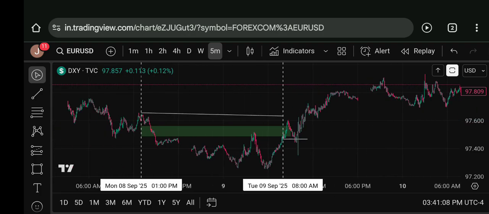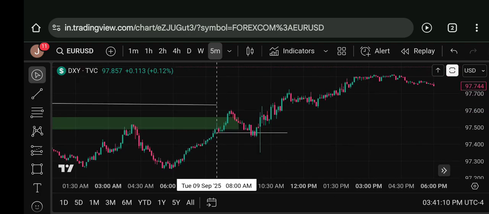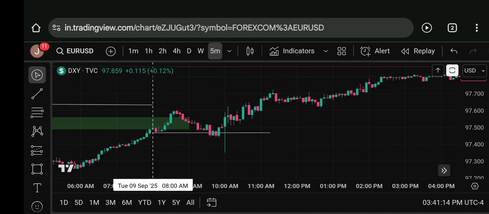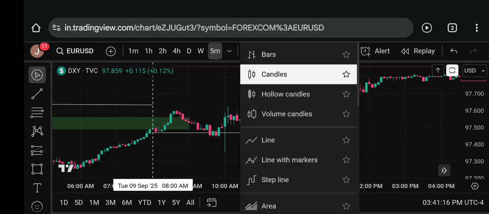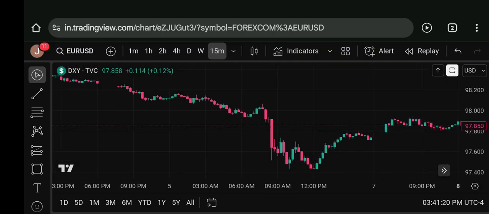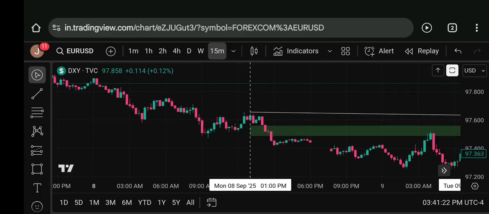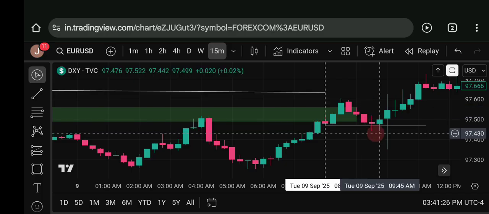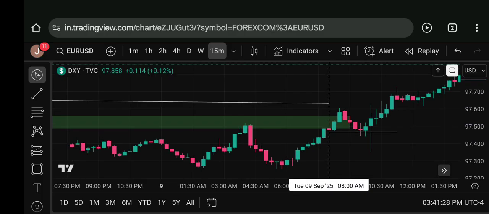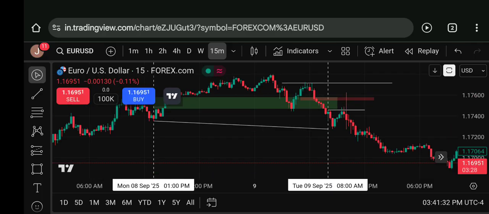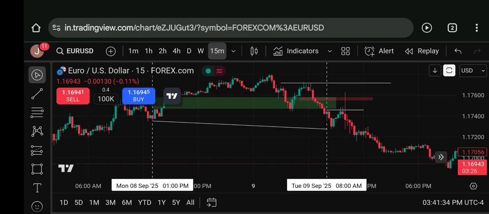The body of the candle closed down on the 5 minute, but seeing this I entered, but I should have waited for a 15-minute candle to close below that. I should have waited for a 15-minute candle to close below it to consider a market structure shift, then I should have entered, but I realized my mistake, guys.